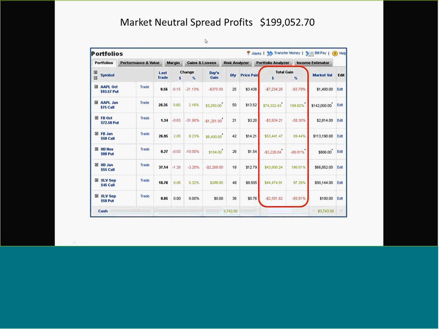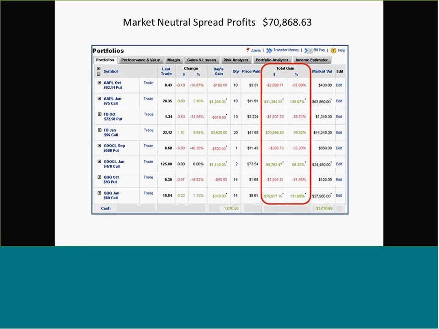And again, this lists the various market neutral spreads I have in this particular account. The interesting thing about these two portfolios is no matter what happens to the price of the underlying stock, I'm still going to make money on these two portfolios regardless.